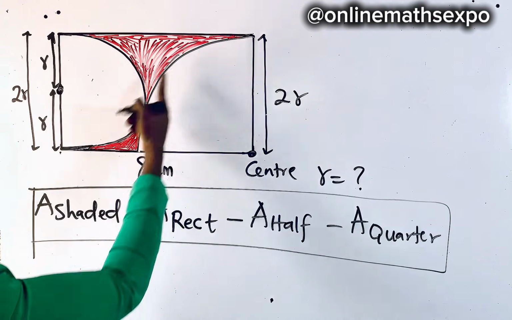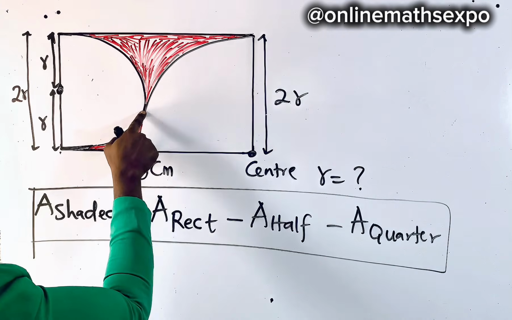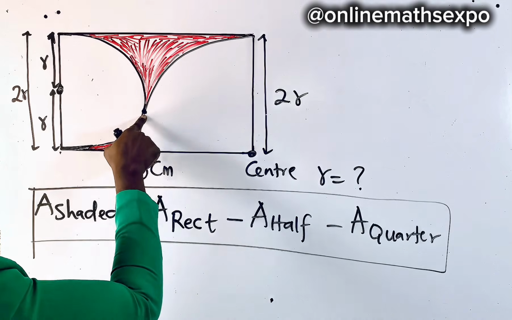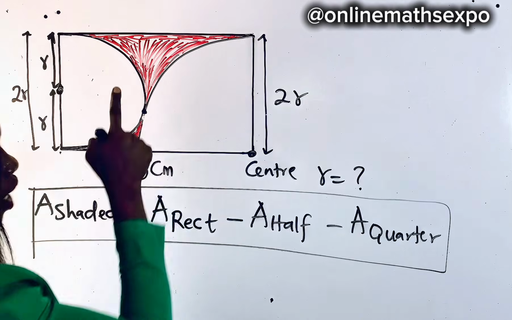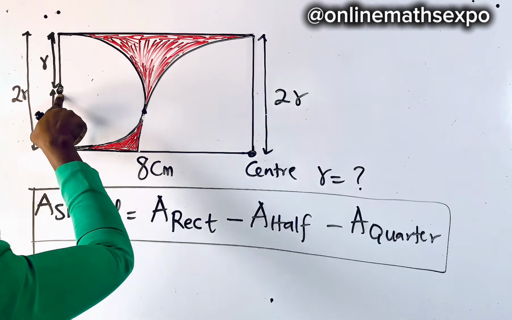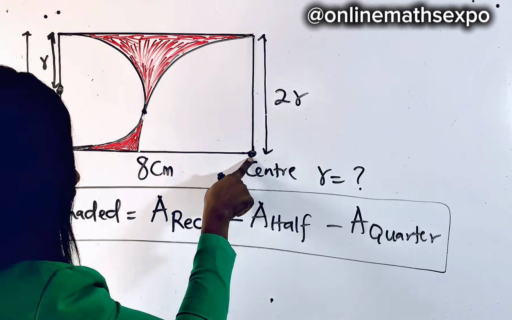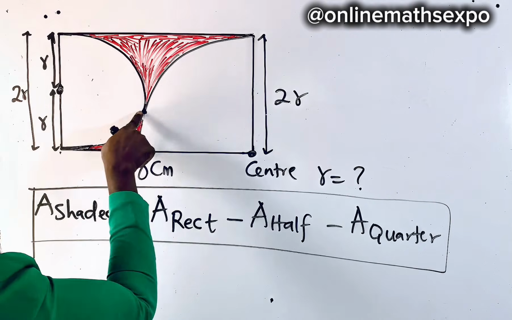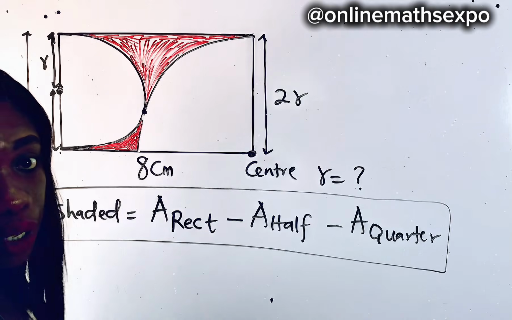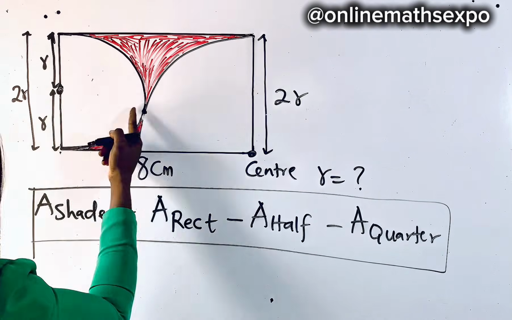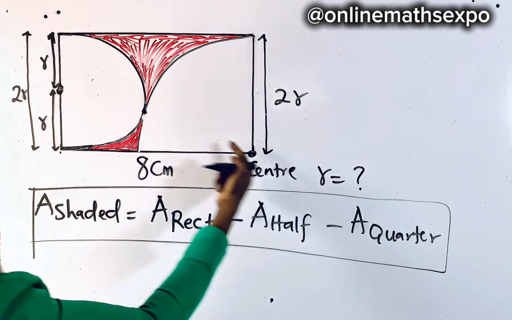You observe that these two are touching each other at this point, and this point where they both touch each other is the tangency point. And we have it that the center of the half circle, the center of the quarter circle, and the point of tangency, these 3 points are collinear, obeying your tangency theorem. So in that case, we are free to join these 3 points since they form a straight line.